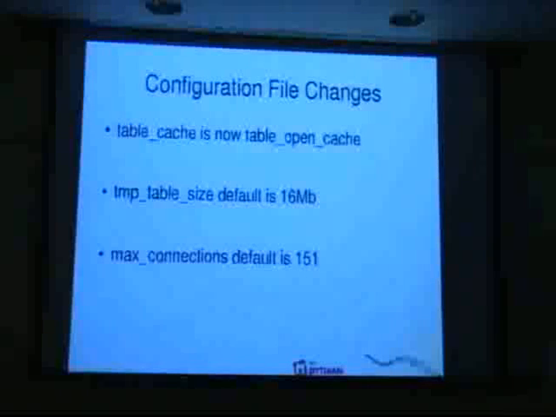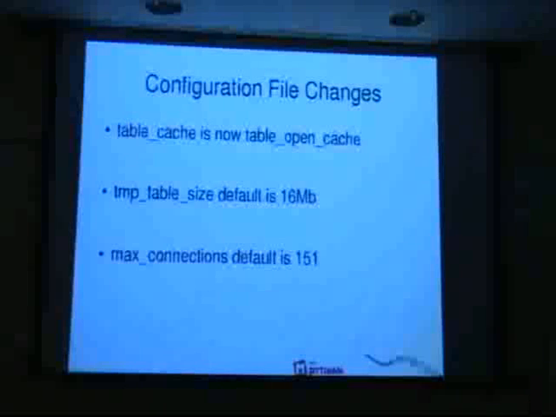There's a bunch of configuration file changes. They changed table_cache to table_open_cache. The tmp_table_size default is 16 megabytes. Does anyone have any idea why they might change that from 32 megabytes to 16 megabytes? max_heap_table_size is 16 megabytes by default, and tmp_table_size by default was 32 megabytes.